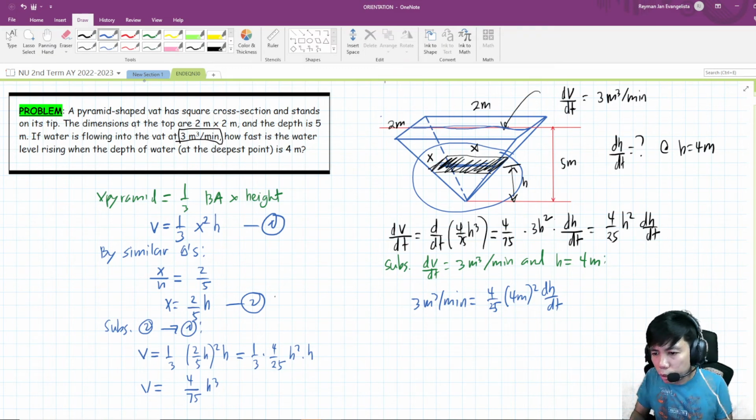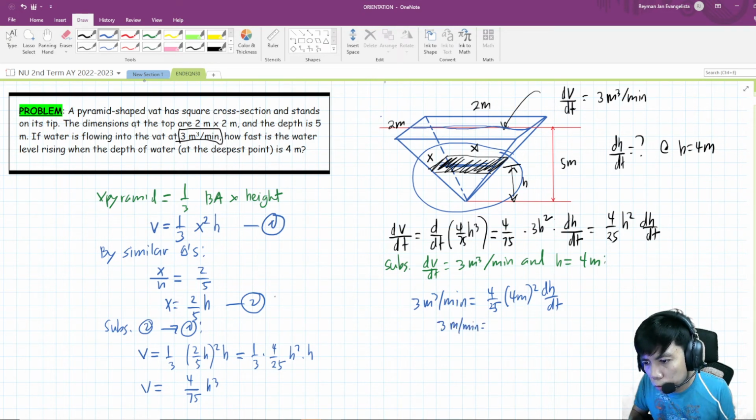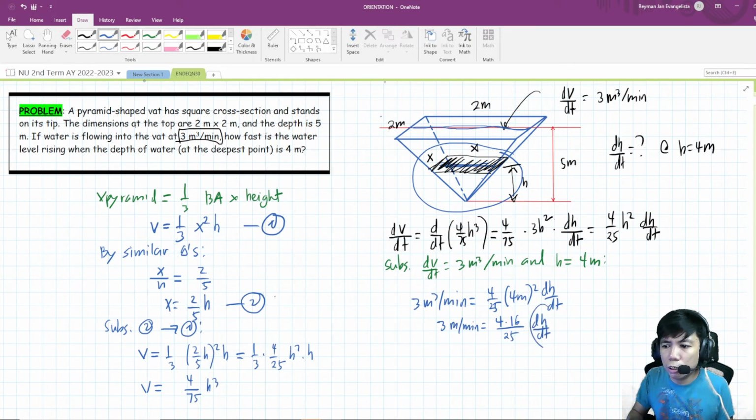Meron ka dyang 3 meters per minute equal to 4 times 4 squared is 16 over 25, then dh/dt. Now solving for dh/dt, itong kailangan natin guys. Algebra na lang yan. Cross multiply: 3 by 25 over 4 times 16.